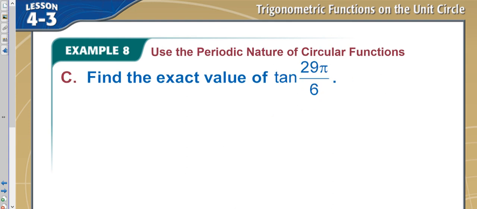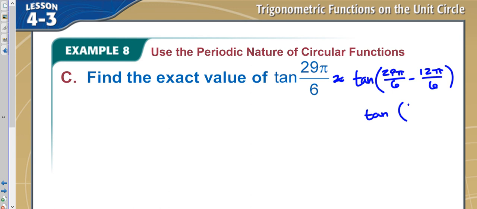Here's another one. So let's first figure out what this is equivalent to. Tangent of 29 pi over 6. Well, that's way more than 2 pi, so let's take away 12 pi over 6. That's taking away 1 period. And what do we get when we do that? I'm left with tangent of 17 pi over 6.